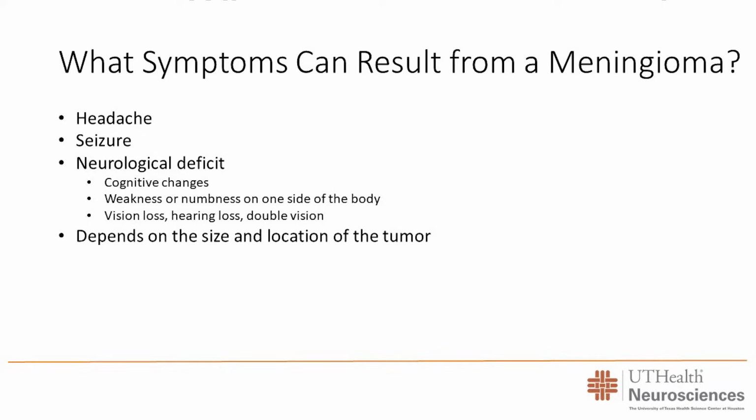And depending on where the meningioma is, the changes can be anything from subtle memory loss to personality changes in an elderly patient where their family is just saying, oh, mom's getting older, or maybe she has Alzheimer's, to something more specific like weakness or numbness on one side of the body, or vision loss or hearing loss. It really depends on the size and the location of the tumor.